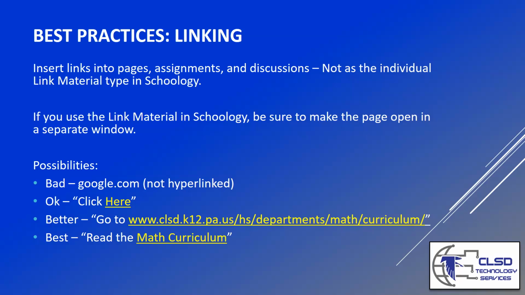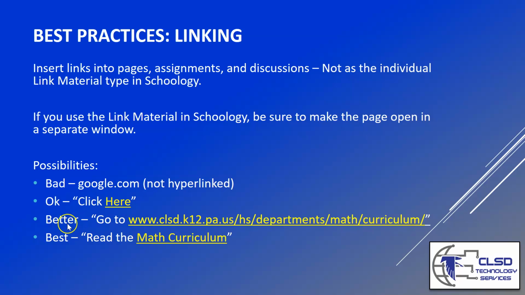The problem with this is if there are any students who use a screen reader to go through the text, when they're seeing the word here, they have no cue of what is on that link, so they don't really know where that's taking them. So by not using this, we're trying to make our links a little bit more accessible for all students.